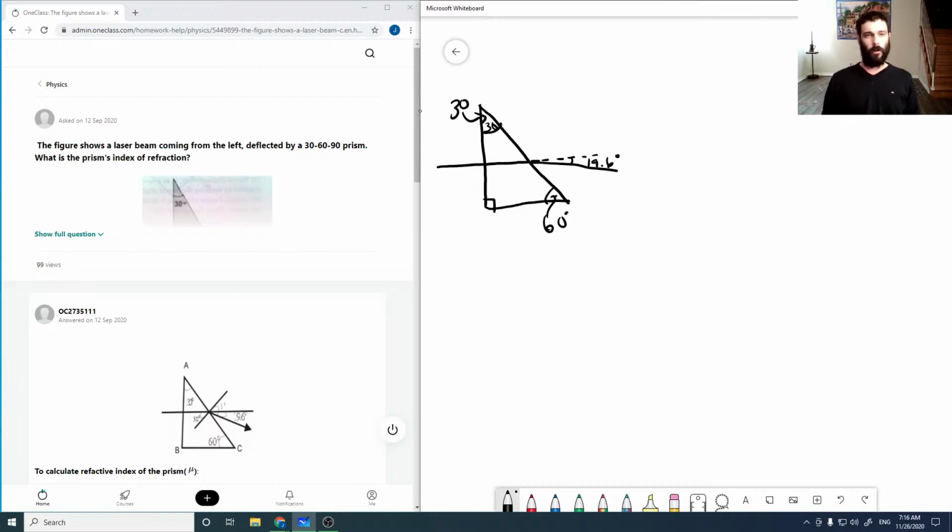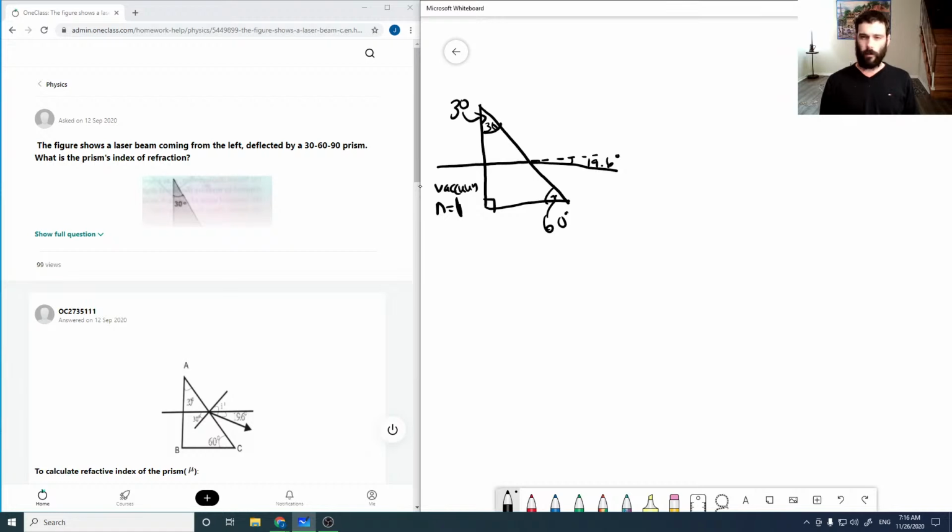And it wants to know what is the prism's index of refraction. So we're assuming here that this is vacuum, which means that n is 1. So the index of refraction in vacuum is 1.